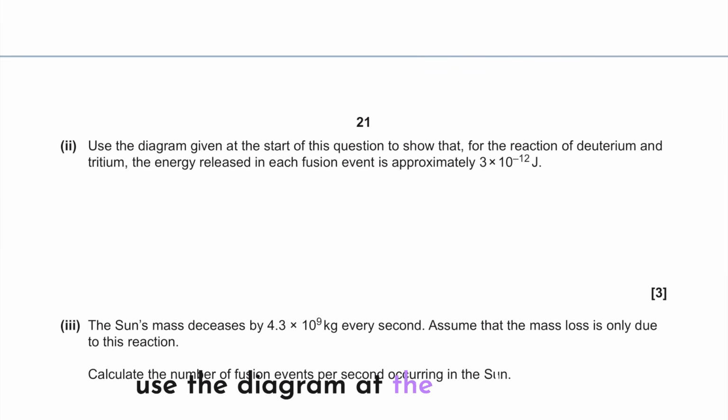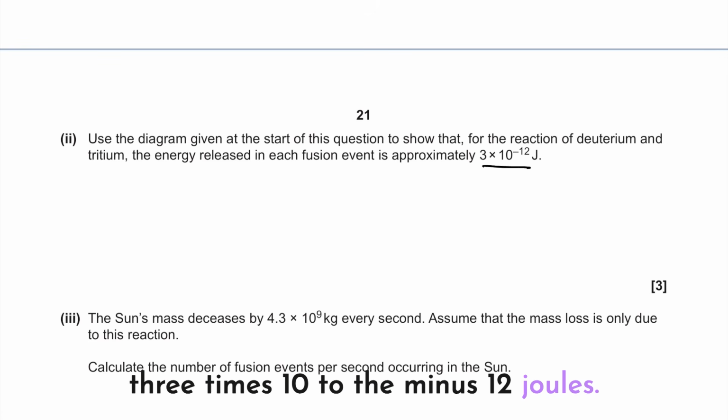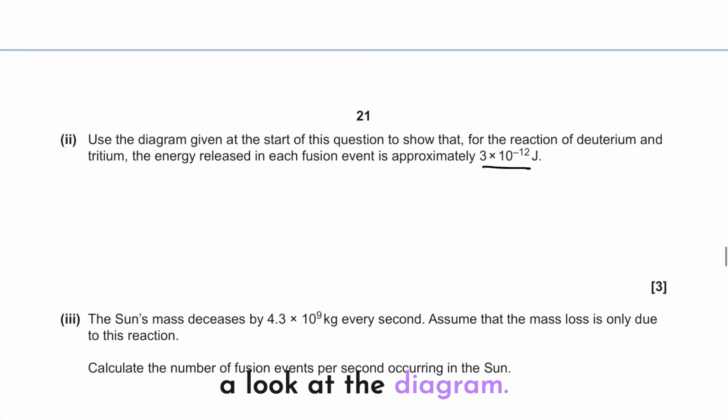Use the diagram at the start of this question to show that for the reaction of deuterium and tritium, the energy released in each fusion event is approximately 3 times 10 to the minus 12 joules. Okay, so let's just have a look at the diagram.